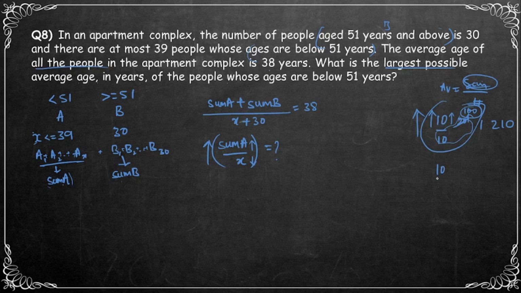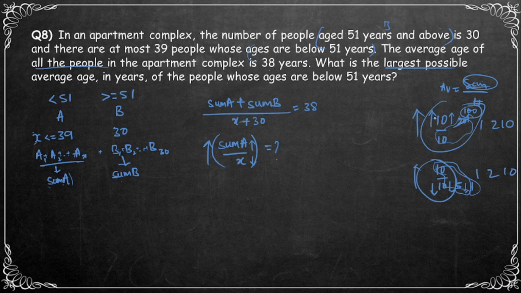Now let us take again the same number, 10 by 10 is 1. Now if I decrement the denominator to 5, the overall value of the fraction is 10 by 5, which is 2. If I decrement it again to 1, the overall value of the fraction will be 10 by 1, which is 10. That means if we decrease the denominator, the overall value of the fraction will increase.